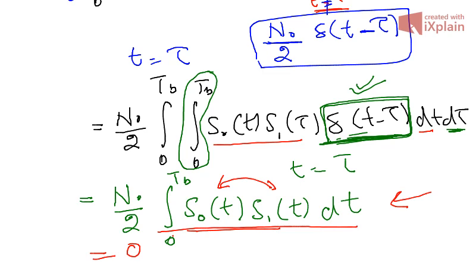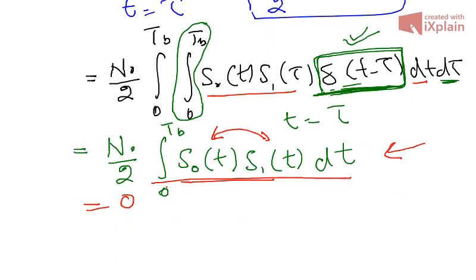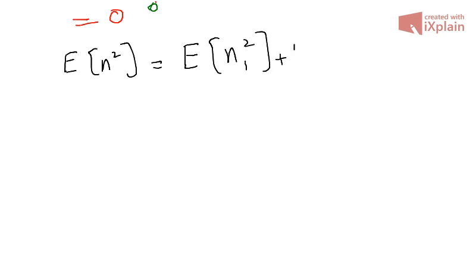We conclude that in our expression, the expected value of n squared is equal to the expected value of n1 squared plus the expected value of n naught squared, and the third term becomes 0, right?